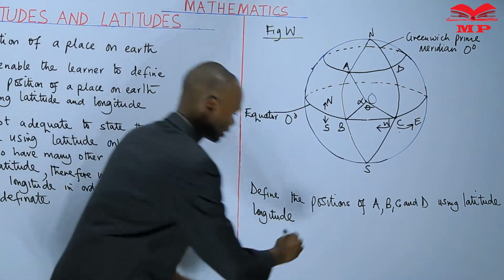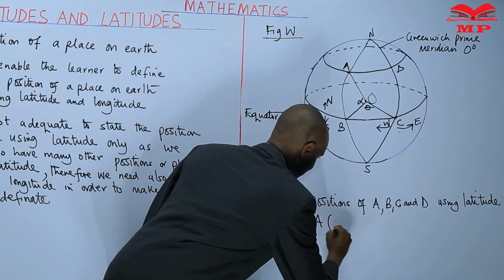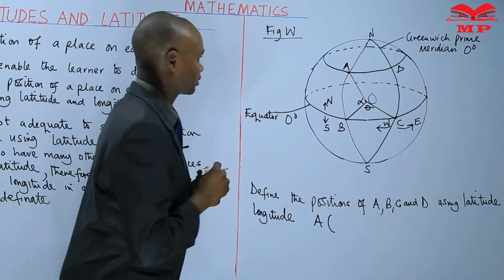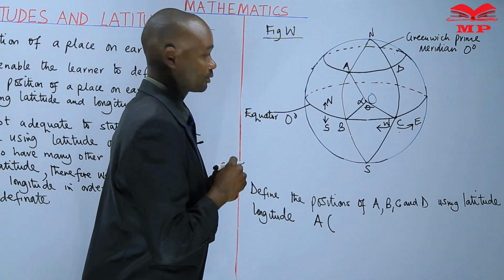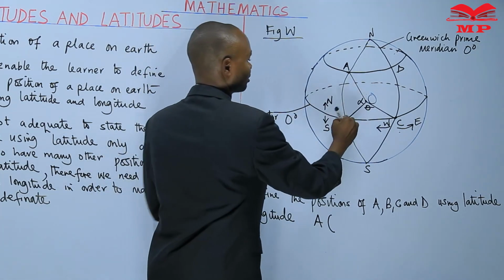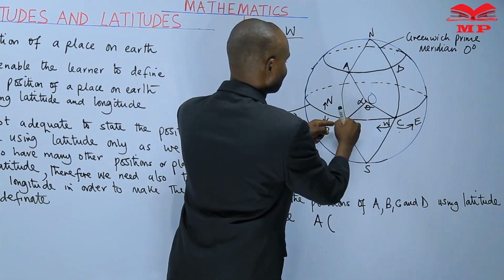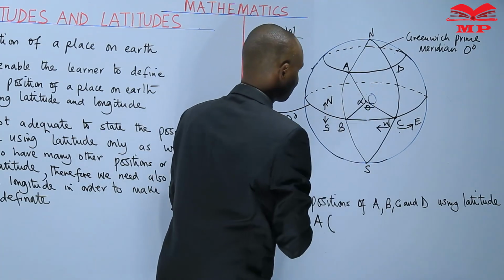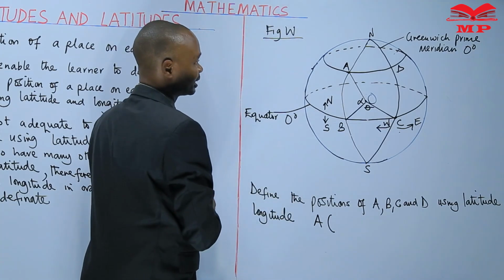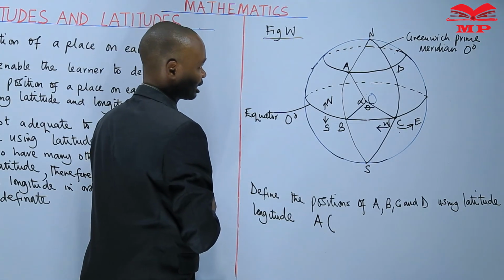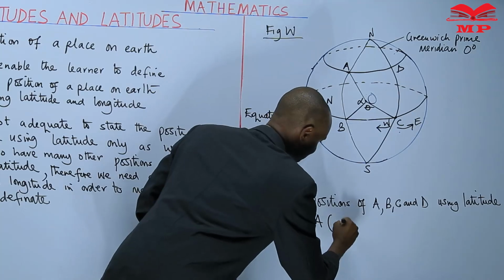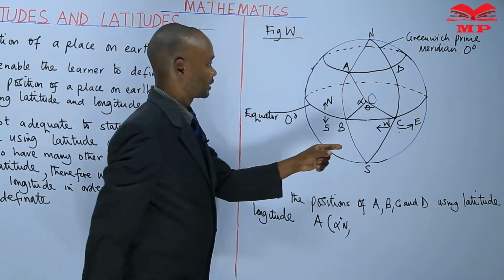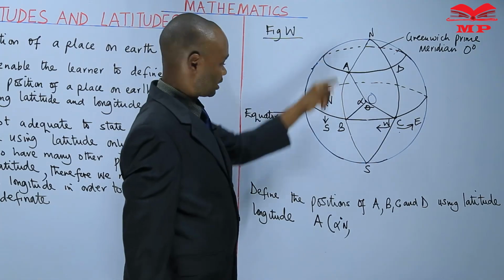Let's start with A. So you always start with the latitude. What is the latitude of A? When you consider latitude, you consider that angle it makes on the plane of the equator. So it is alpha. Alpha degrees north.